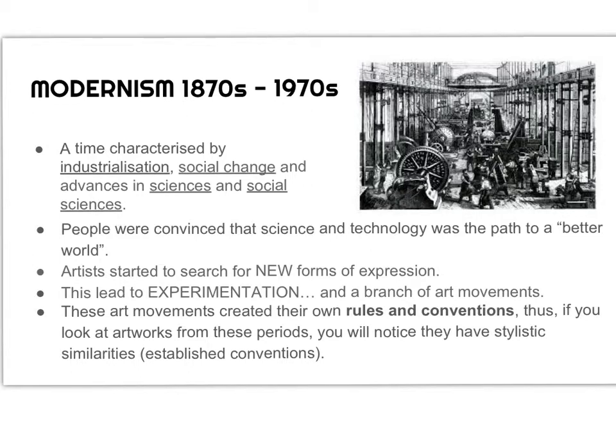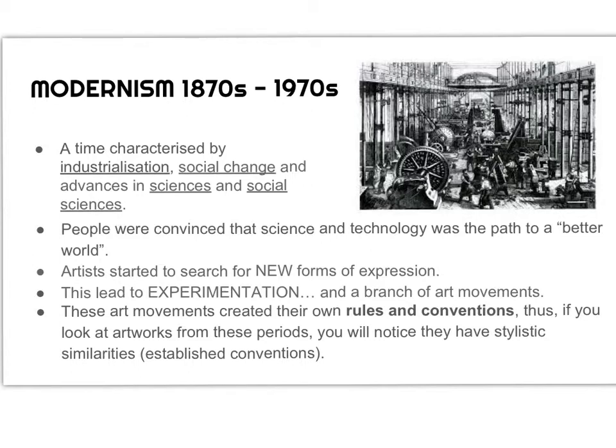Naturally, this led to a lot of experimentation and a range of different art movements. And this is why, under this big umbrella of modernism, we have so many different art movements, because they were all experimenting with different ways of representing ideas.